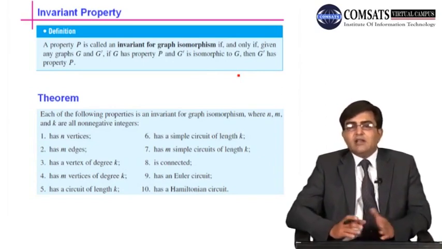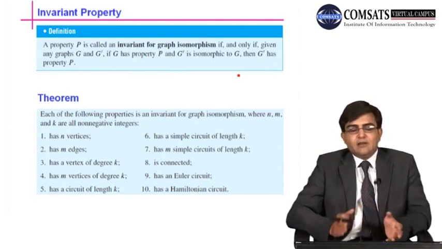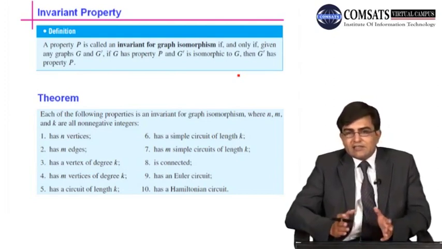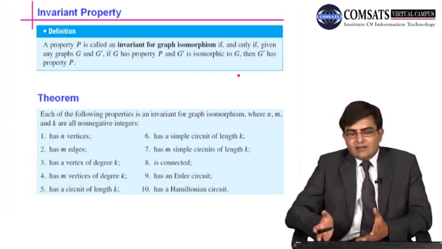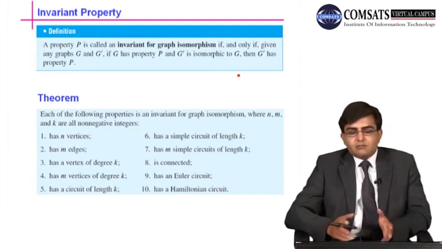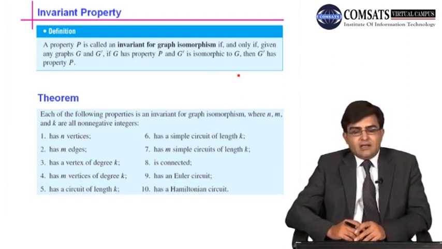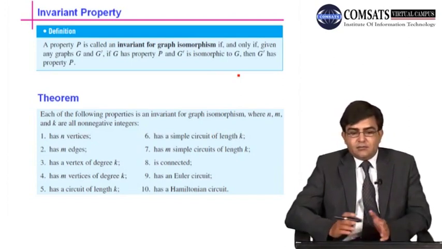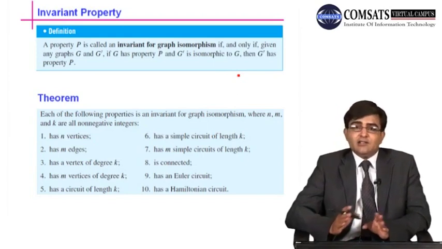It could be anything: number of vertices, number of edges, degree of a particular vertex, whether this graph has a simple circuit or not, whether this graph is connected, or many other properties you can check within a graph. We say it is a property P. That property is invariant if it holds in both graphs whenever there is an isomorphism between the two graphs G and G dash.